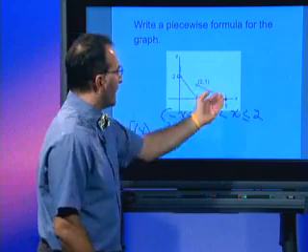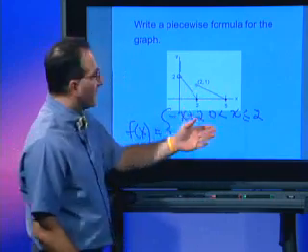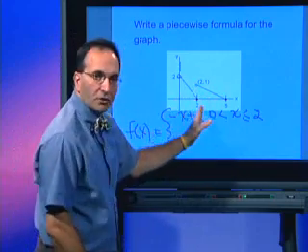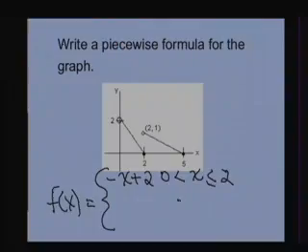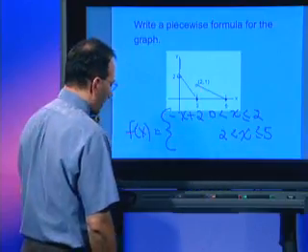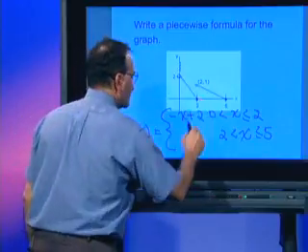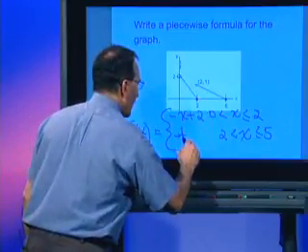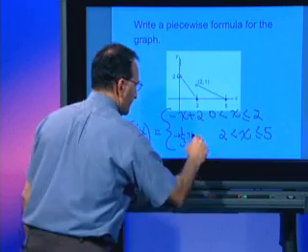Well, what about this other piece? The other piece starts at 2, but it doesn't include the point 2. And it goes up to and includes the point of x equaling 5. Now, this particular graph has a different slope. In fact, the slope of that turns out to be negative 1/3.